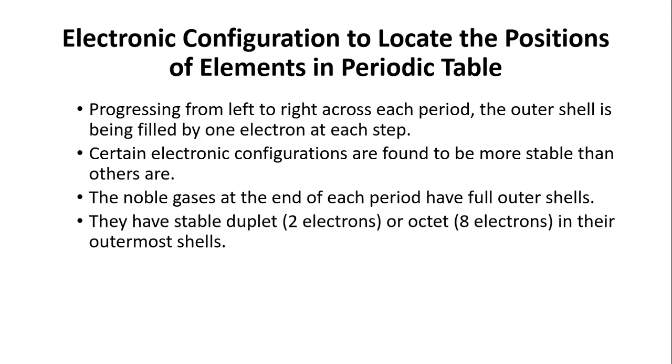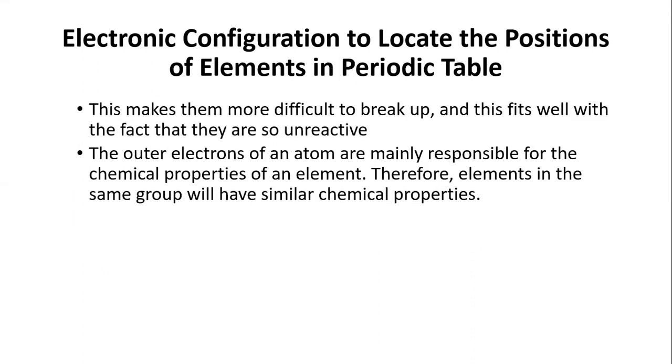They have full outer shells, so they have a stable duplet, that is 2 electrons, and octet, that is 8 electrons, in their outermost shells. This makes these elements more difficult to break up, and this fits well with the fact that they are so unreactive. The outermost electrons of an atom are mainly responsible for the chemical properties of the element.